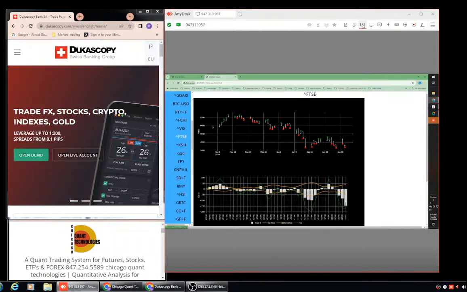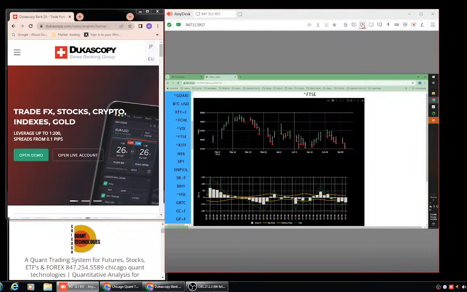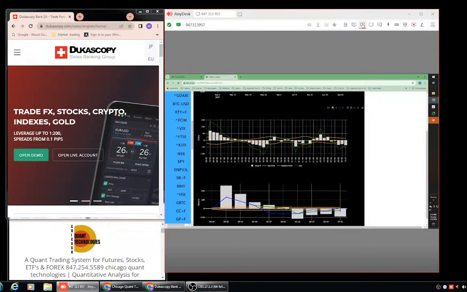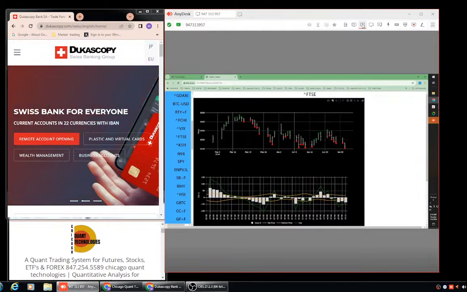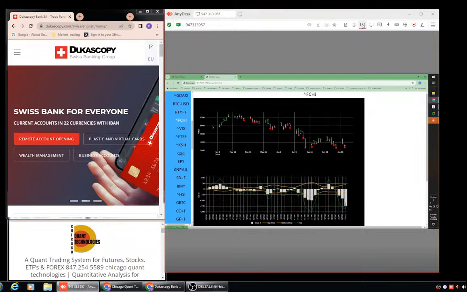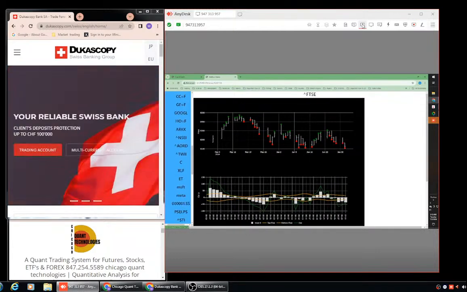There it is. And there's the FTSE doing the same thing, showing the weakness of 4 weeks. 6 days now in daily sells, and it's come down. Yep, and that's the FTSE. So Europe is feeling the same selling we're seeing.